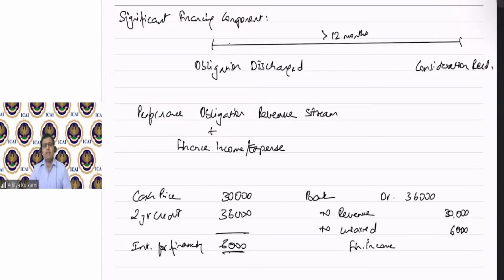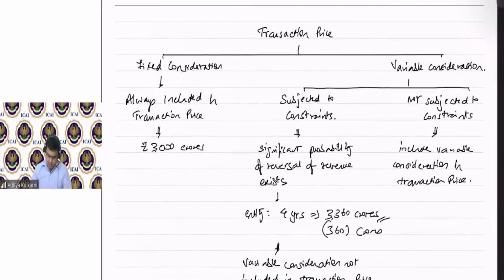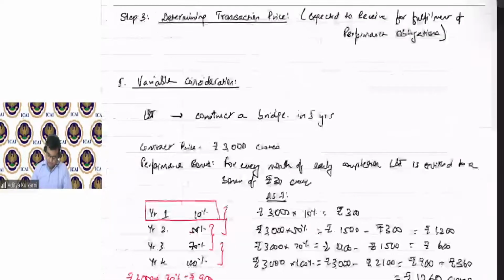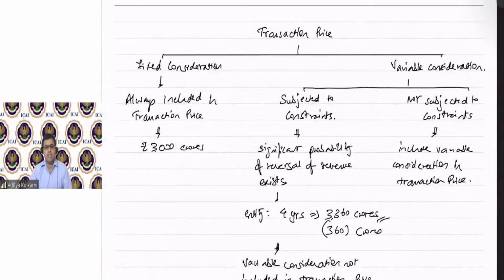In the transaction price, there were multiple topics that we discussed. The first one was variable consideration. There could be fixed as well as variable. The variable consideration is to be included in the transaction price if it is not subjected to constraints. Not subjected to constraint means you are fairly certain that you are going to achieve it. Variable consideration could mean performance linked bonuses, and penalties are also included.